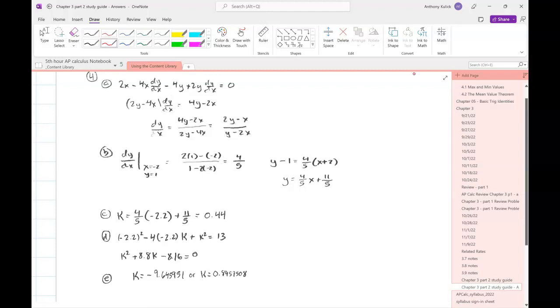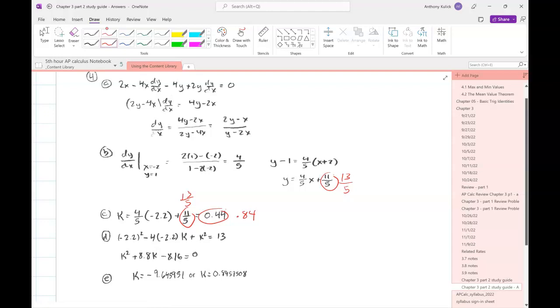So that's 8 over 5 plus 1 should be, yeah, I guess you're right. So that should be 0.84 then, right? Okay, sure, I'll buy that.